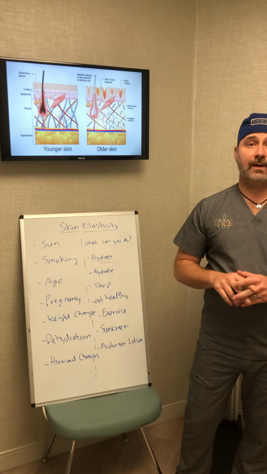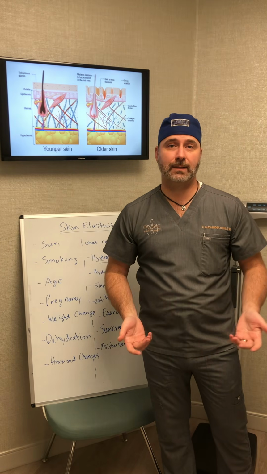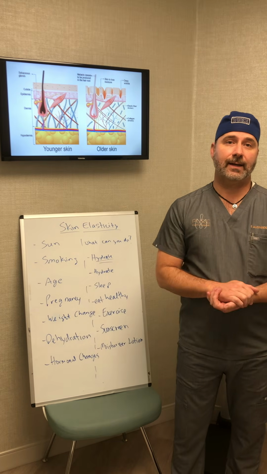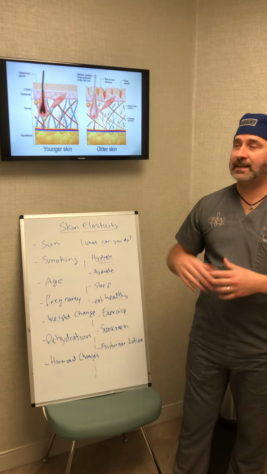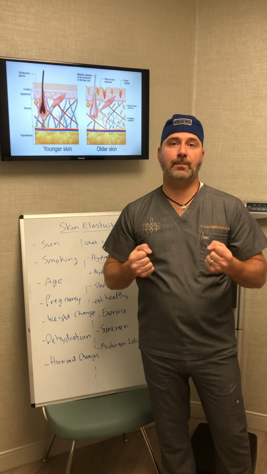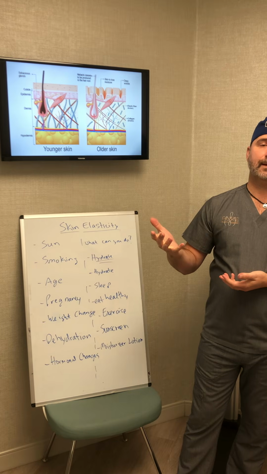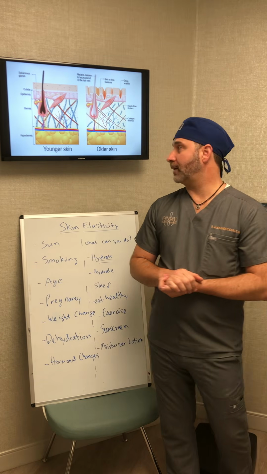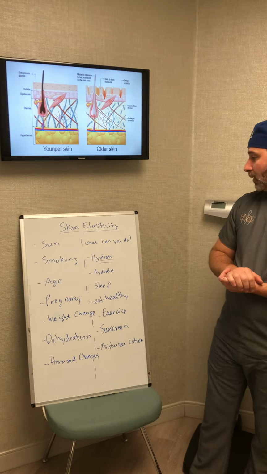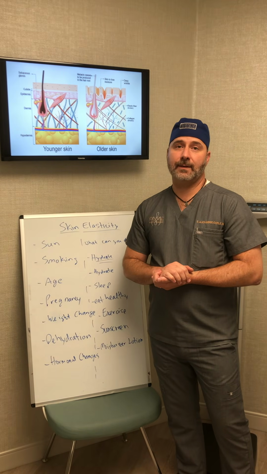That's why there are many women who've had one or multiple pregnancies and then have loose hanging skin in the lower abdominal region. That skin has been stretched out, these elastic fibers have been broken, and it's not able to bounce back after giving birth, and so that's why women become candidates for a tummy tuck at that point in time.